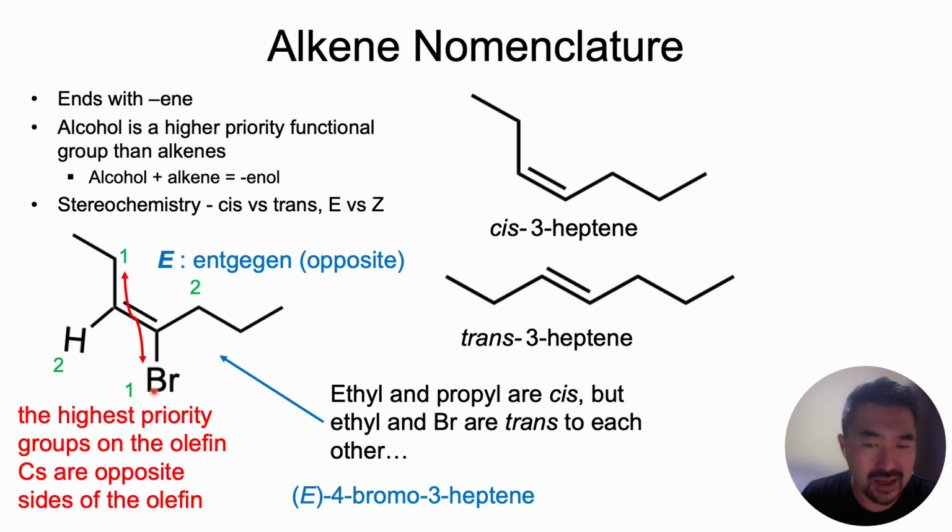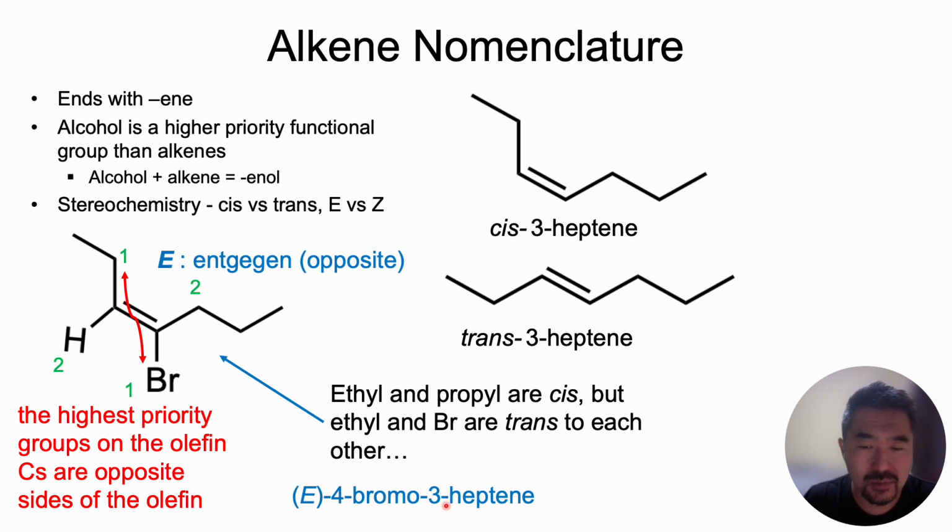The word Entgegen is a German word that means opposite, and the short for that is E. So we would say that this stereochemistry is E olefin. So the name should be italicized E 4-bromo-3-heptene.